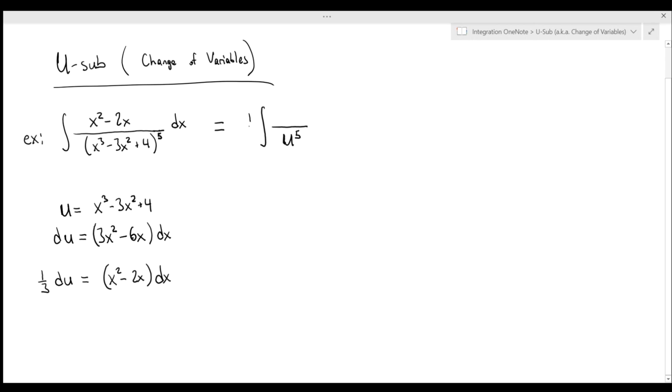And with the 1/3, since it's a constant, we can put it in the front of the integral. And then the du, we'll put it at the end of the integral, like that, okay? Okay, so now we've managed to change variables from x to u. And so now we'll evaluate this integral in terms of u.